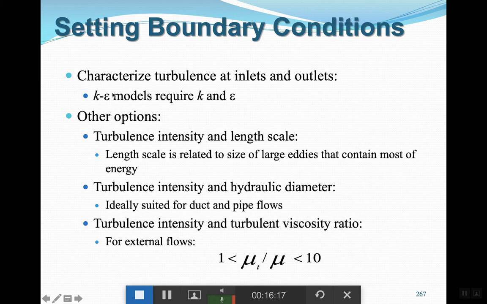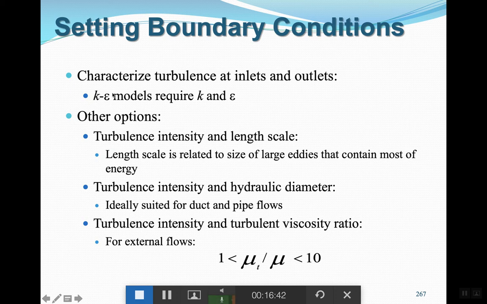So you can provide turbulence intensity and length scale. Usually length scale is related to the size of large eddies that contain most of the energy. Turbulence intensity comes basically in terms of percentages, and shows what is the percentage of turbulent flow coming into the inlet.